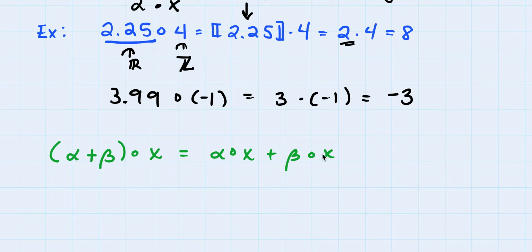It fails this property, and let's see it. So let's choose a number. Let's actually choose a number that is an integer when we add these two together. So let's go with 3.1 plus 3.9. And let's choose for our integer 1.